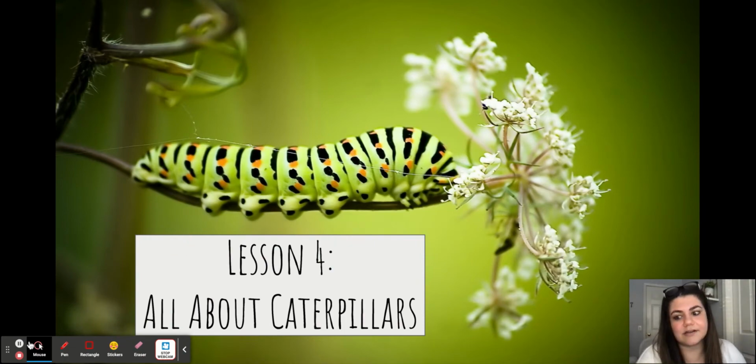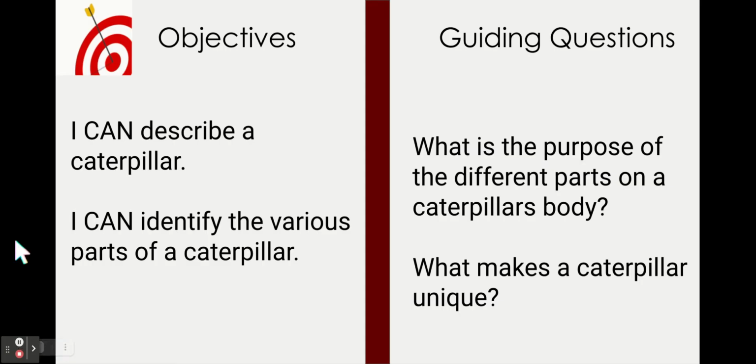Let's get started. All right, boys and girls, before we start a lesson, we always begin with our objective. And let's not forget, an objective is our goal. It's our target. What do we want to learn by the end of the lesson, or what do we want to understand? Let's read them together. I can describe a caterpillar.